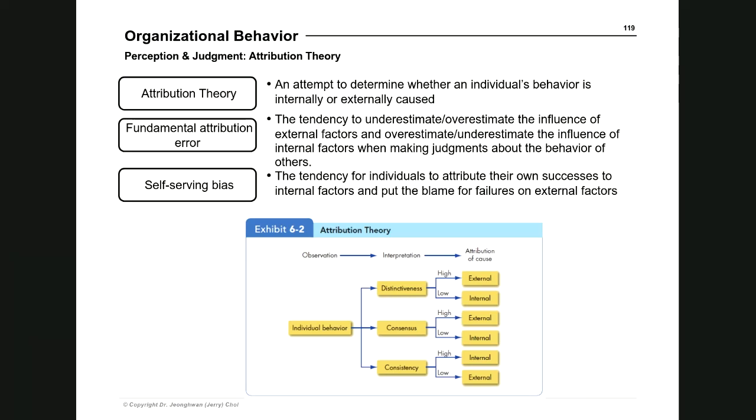Because we have a limited capability of information processing, we have a tendency to underestimate the influence of the external factors and overestimate the influence of the internal factors, or vice versa. And many times this kind of fundamental attribution error leads us to have our self-serving bias.